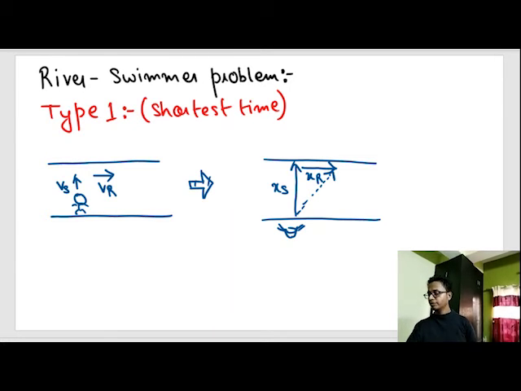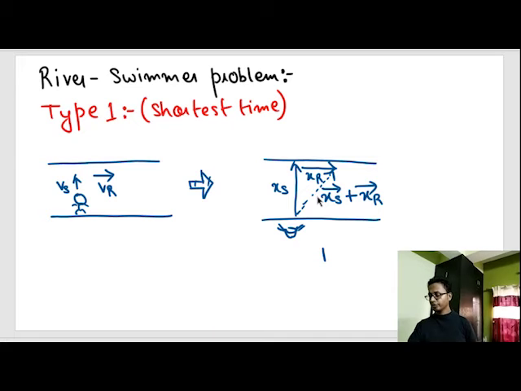It will be this line, given as the displacement of the swimmer vector plus the vector displacement of the river. Don't add them like scalar magnitudes.